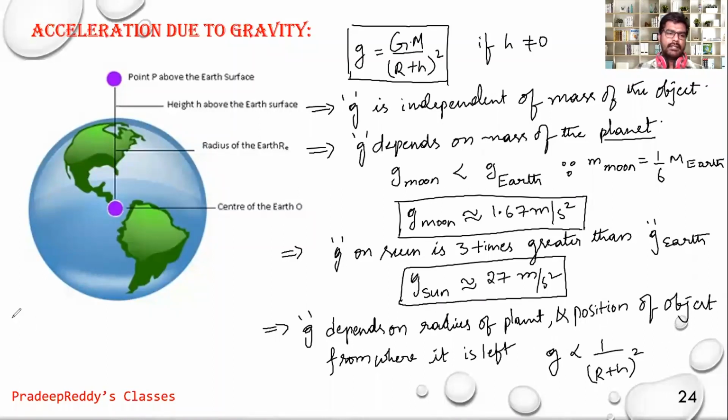So remember that usually on the surface of the earth, the height to which you are taking the object is less than the radius of the earth, because the radius of the earth is 6,400 kilometer.